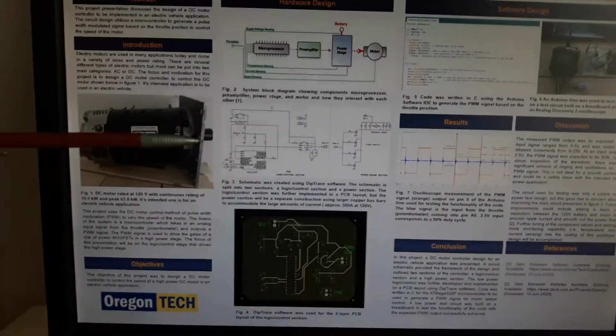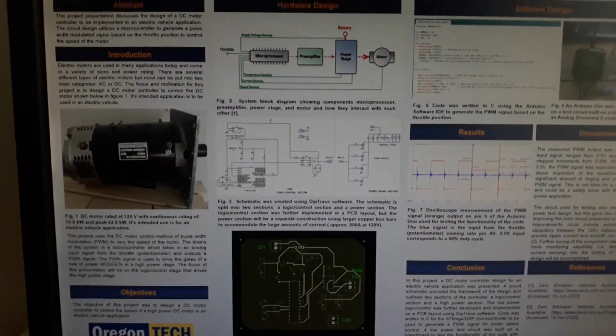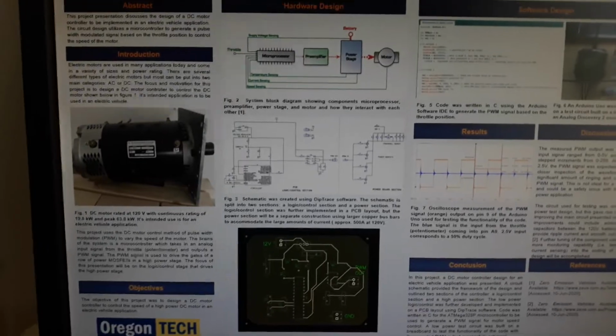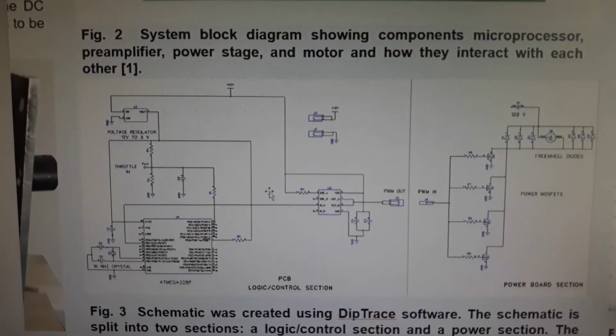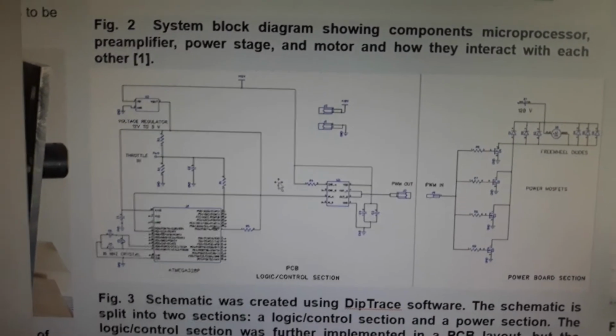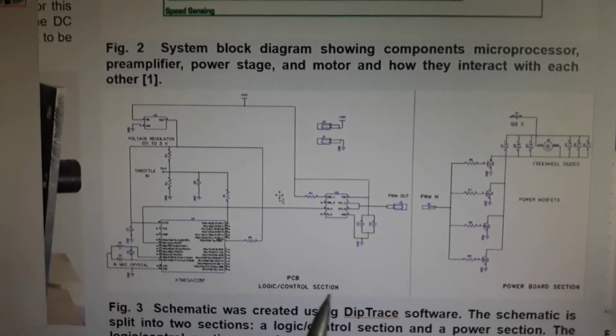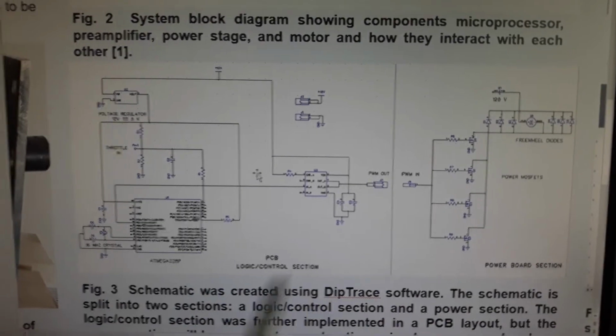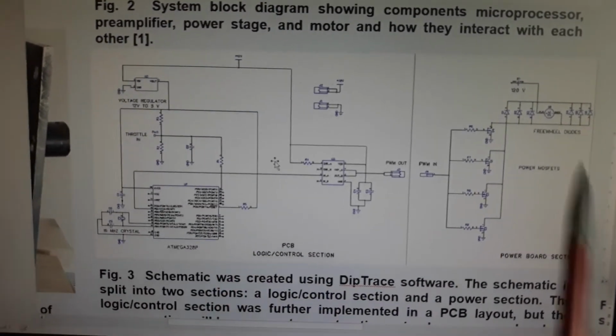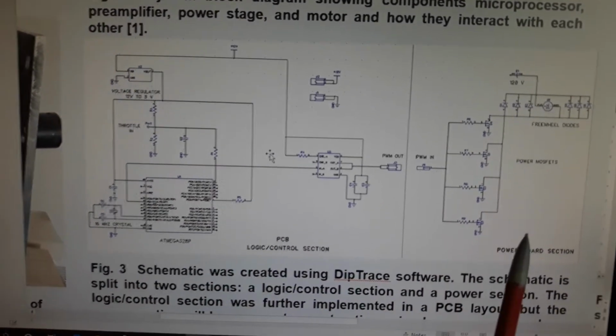And here I have a picture of the schematic. Let me try to zoom in on this so we can get a better picture of it. There, hopefully you can see the schematic a little bit better. This controller is split up into two sections. We have the logic control section here and the power section here.